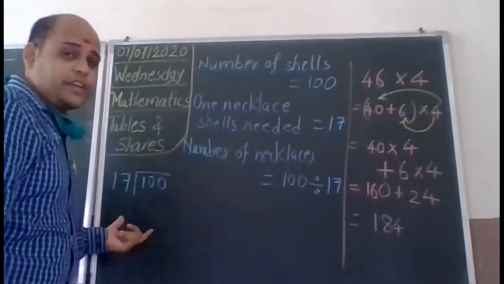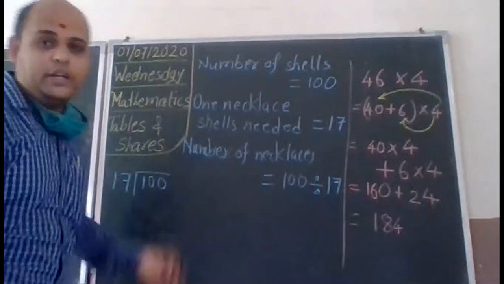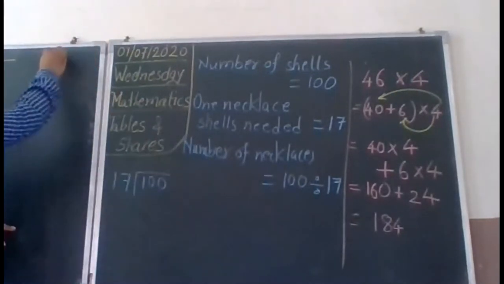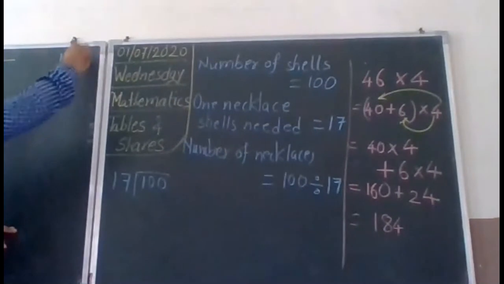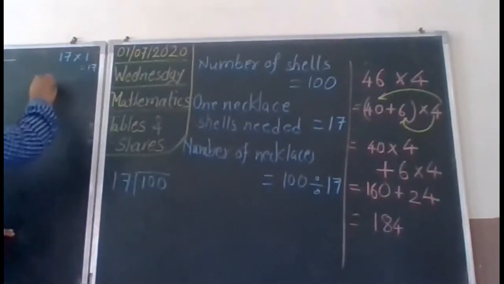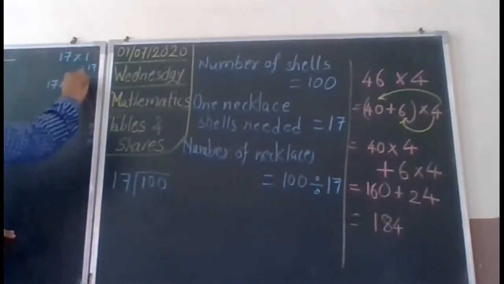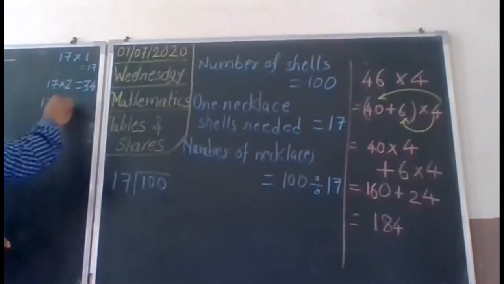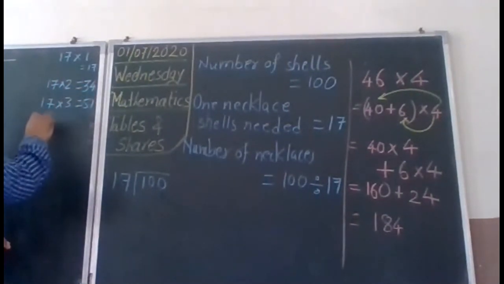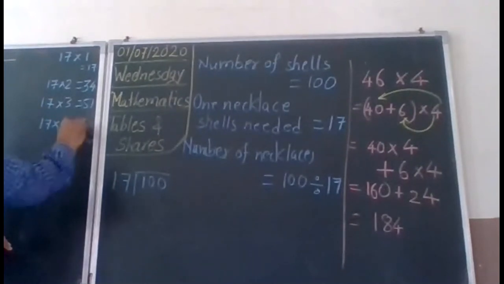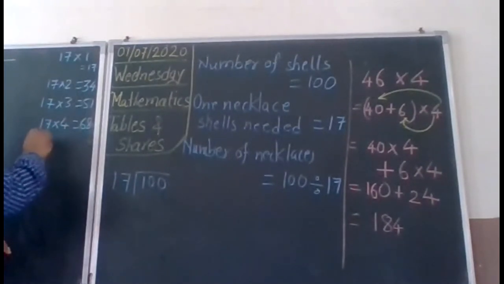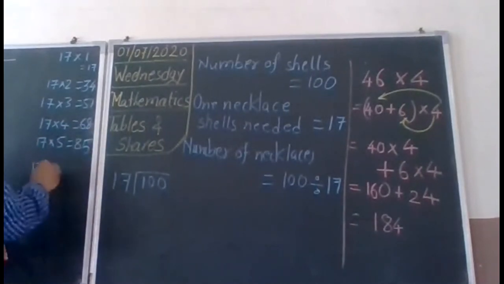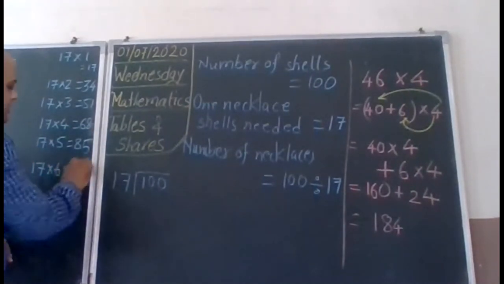Now, do you know the table of 17? If you know, you can do it very easily. If you don't know, then you can make your own table. 17 ones are 17. 17 twos are 34. 17 threes are 51, 17 fours are 68, 17 fives are 85, 17 sixes are 102.